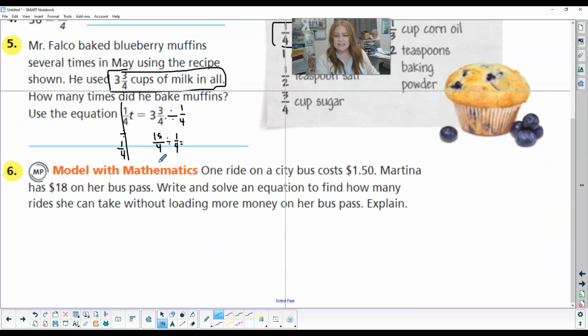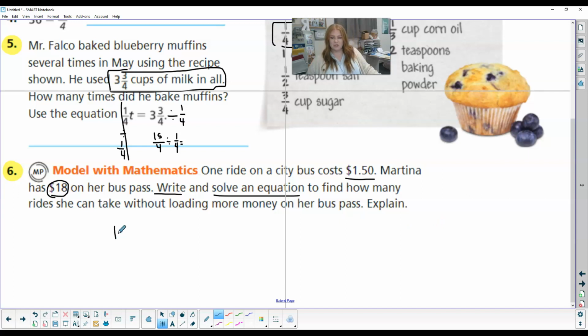Okay, number 6 says that one ride on a city bus cost $1.50. Martina has $18 total on her pass. Write and solve an equation to find out how many rides she can take without loading more money on her bus pass.